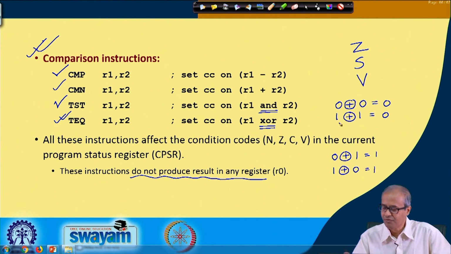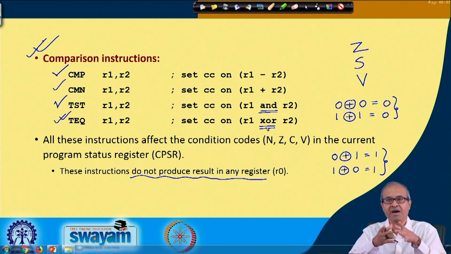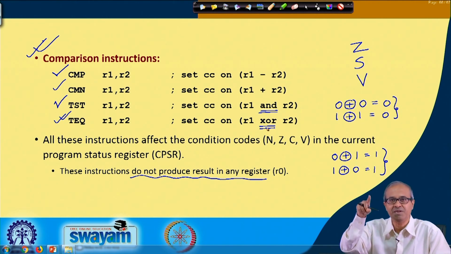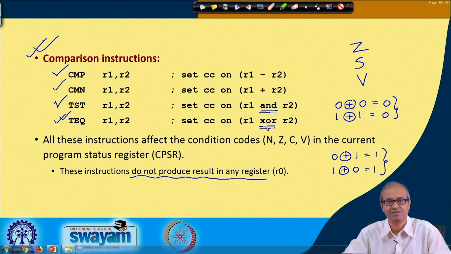So, the result of an exclusive OR will tell you whether the bits are equal or not equal, right. So, if you take XOR of entire 32 bit numbers and see the result is 0, this means that the two numbers are equal, all the bits are giving XOR value of 0, that is why the result is 0. Okay.